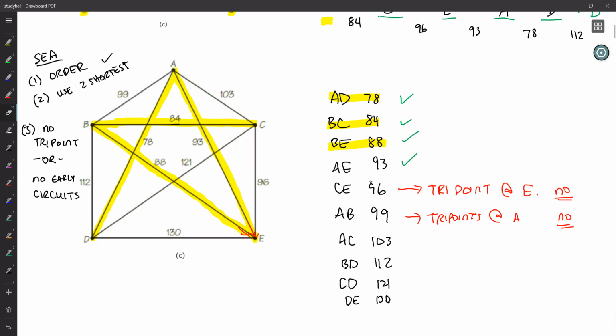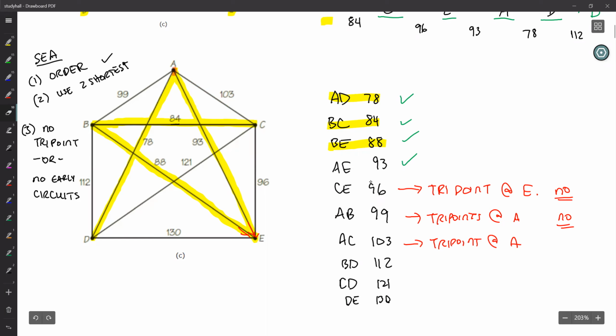AC will again give me that tri-point, right? Tri-point at A, so that's a no-go. Right, again, that would have 1, 2, 3 things going towards A, which is not something we want. All right, and then one more time, BD.